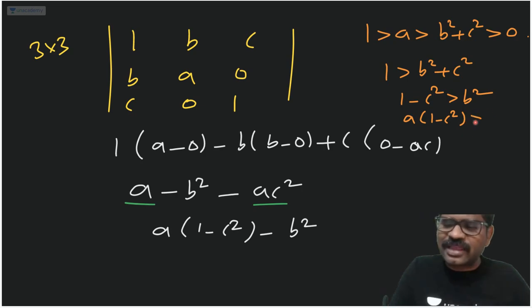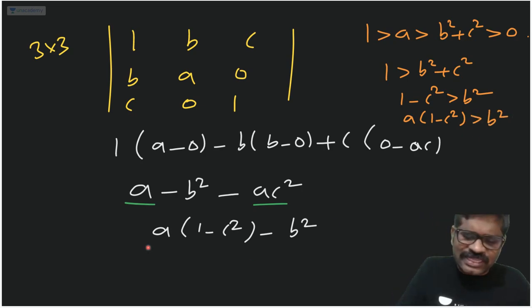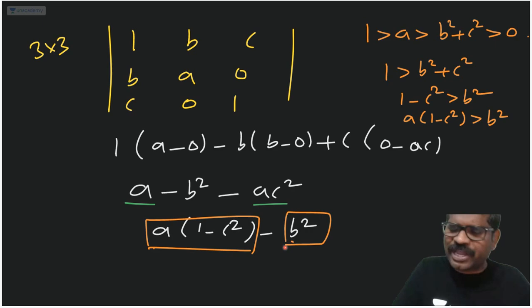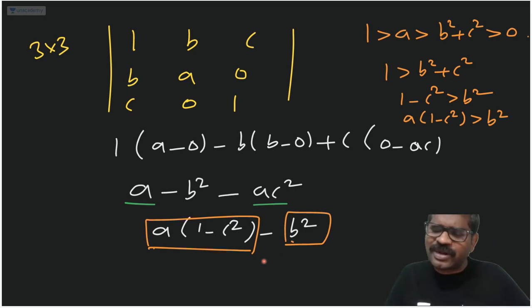Greater than B square. If this is greater than B square, and from that you subtract B square, are you getting a positive value or not? A into 1 minus C square is greater than B square.